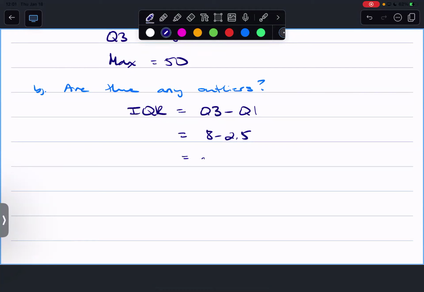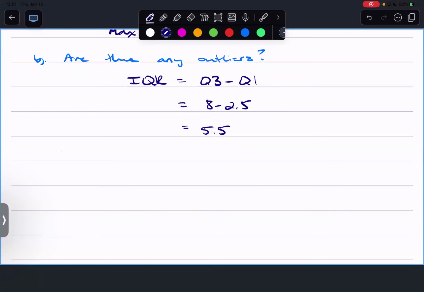Just confirm. And then sometimes I do the 1.5 times the interquartile range just separately, and then I can just use it as a value. It's completely up to you. The lower bound is Q1 minus 1.5 times the interquartile range.